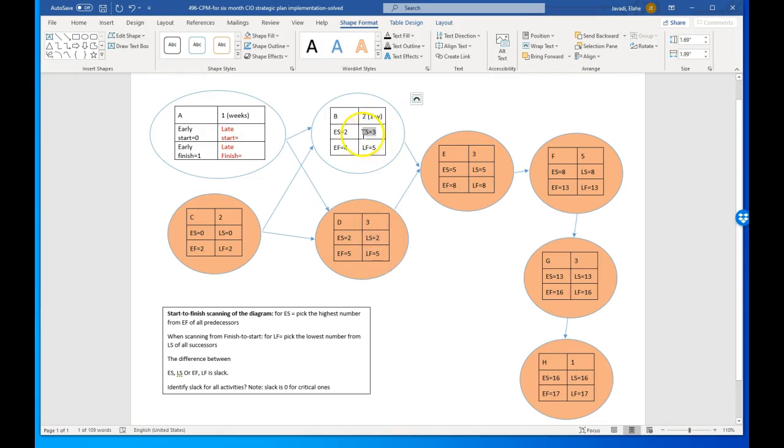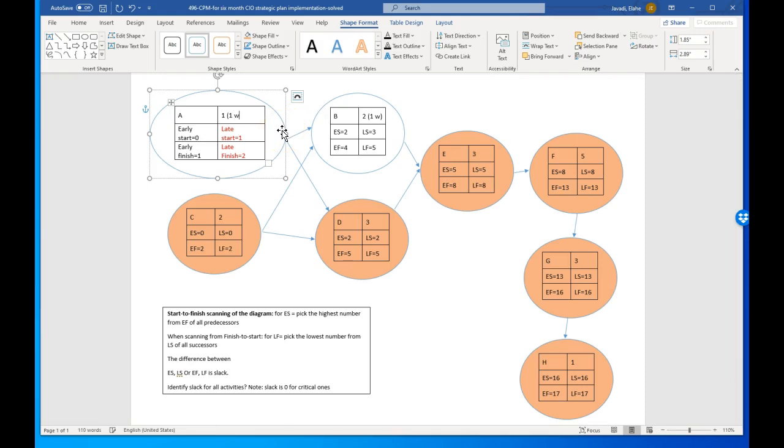The latest this one can start is 3. So A should be done by week 2, because this one's latest start is 2, meaning I can't delay it more than that. So late finish is 2. 2 minus 1 is 1. So you have the difference here, 1 week of slack. So I'm going to put 1 week of slack here.